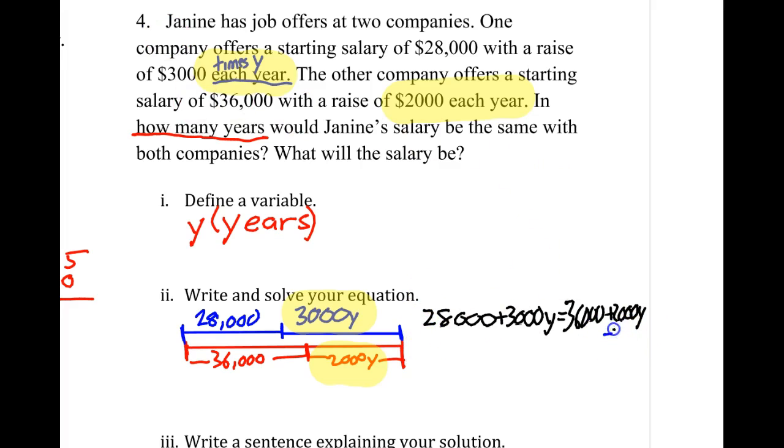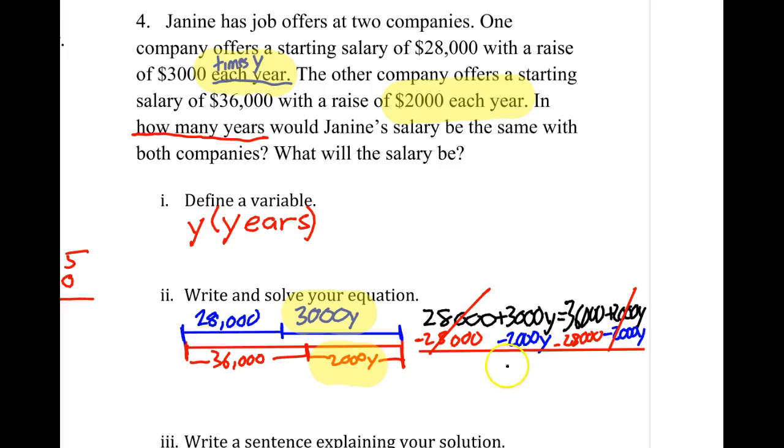So I can start by maybe subtracting the 2,000 Y on both sides, and subtracting the 28,000 on both sides. Doing both sets of algebra at the same time. That equals 0.